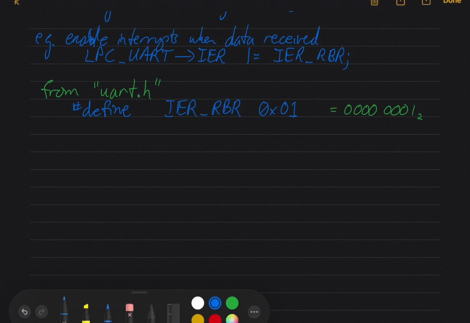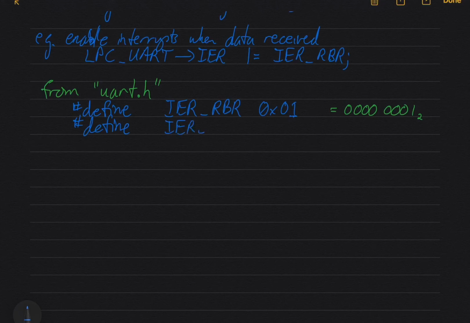Okay, next line. We're going to define 3 macros. So pound define interrupt enable register, transmit holding register enable, THRE. So this is when you want to send data out, and you want to know if the transmit holding register is empty.